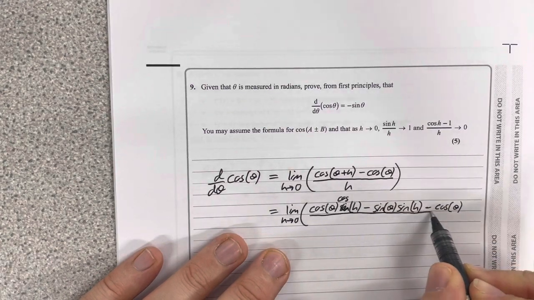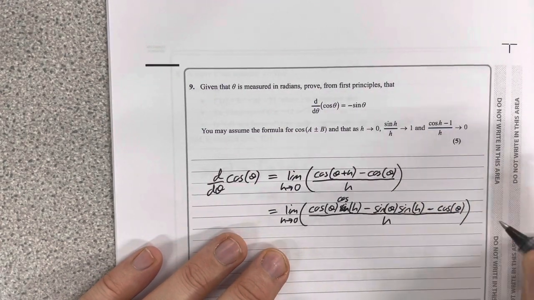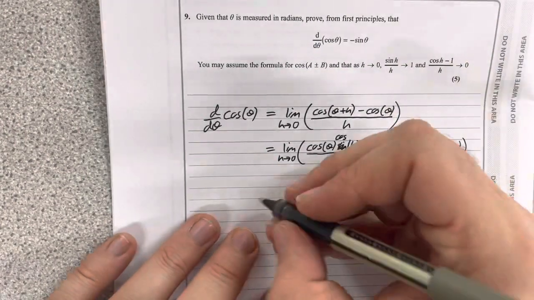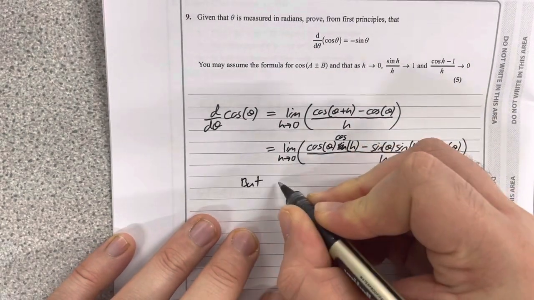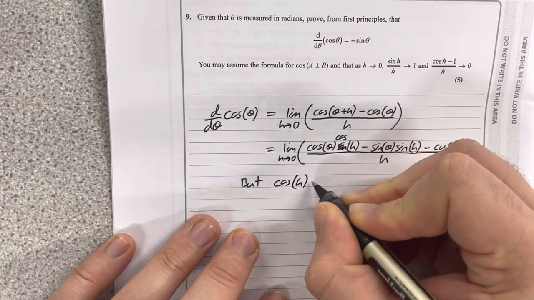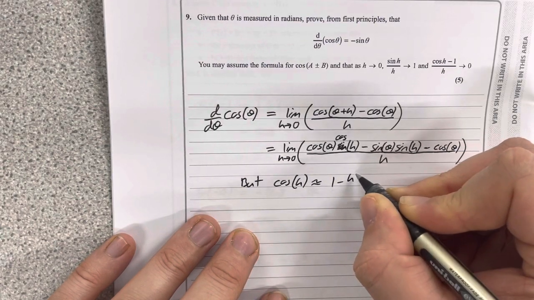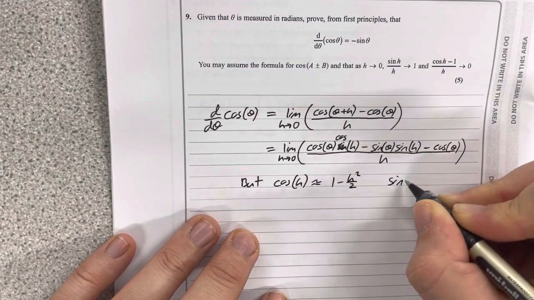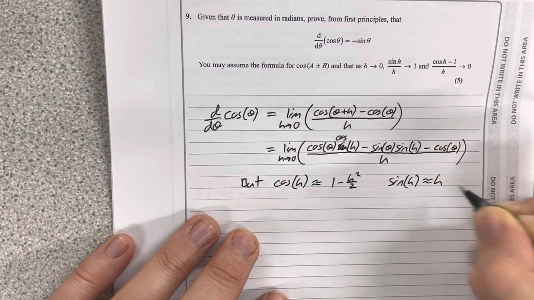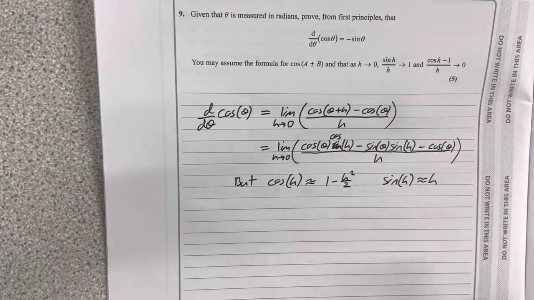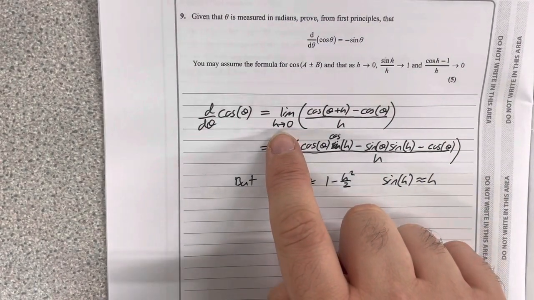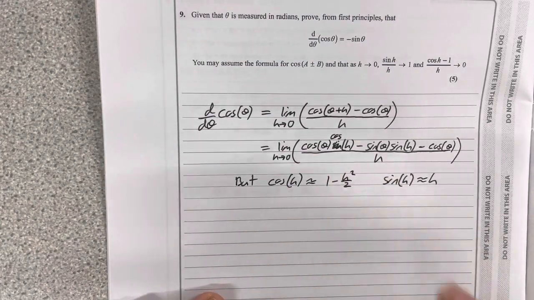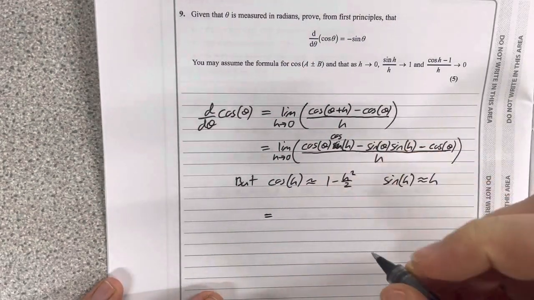all divided by h. Now we use small angle formulae, so cos of h is approximately 1 minus h squared on 2, and sine of h is approximately h. Okay, it's using small angle approximations because h is small. In fact, we want h to go to 0, so we want these two substitutions in.